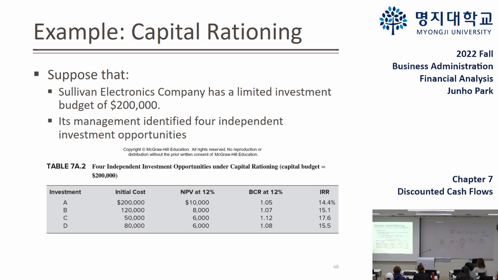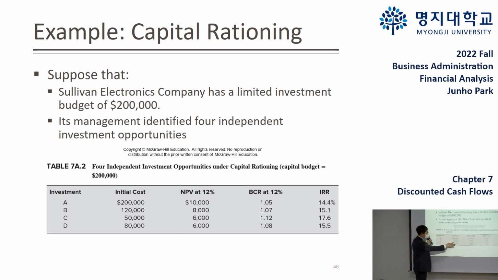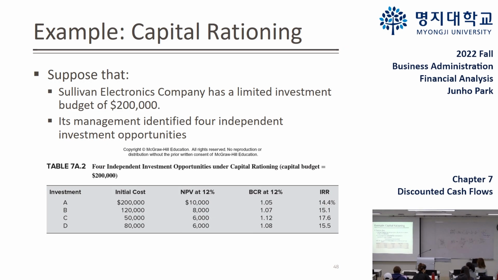Therefore, not only choosing B or D further, but also we can choose to have duplicated investment in C. For example, because we have $200,000 and it takes $50,000, therefore we can purchase four C's together. So we don't have to limit our choice as the only one purchase of C, but we can have 4 C's together. So it is another unique solution for us.